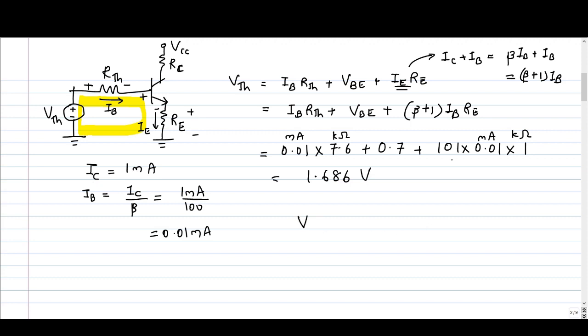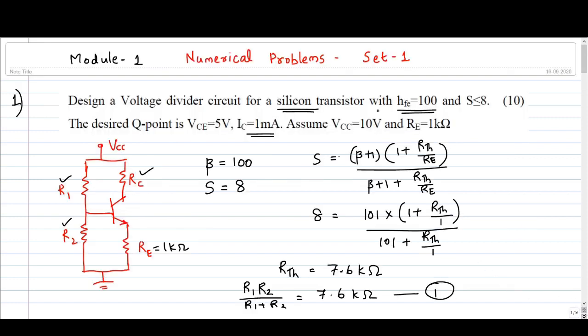So VTH, we know another expression for VTH. VTH is VCC into R2 by R1 plus R2. So that is 1.686 volt. That is our equation 2. If you divide equation 1 by equation 2, let me copy equation 1.